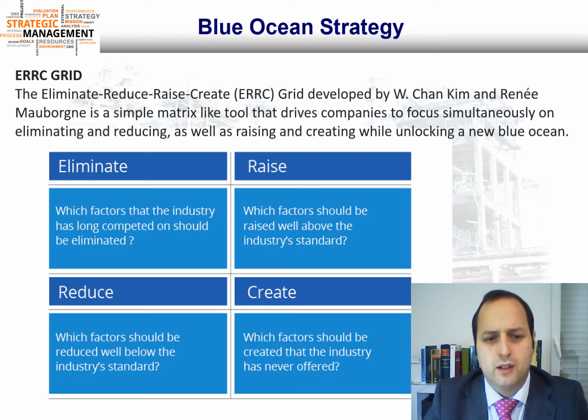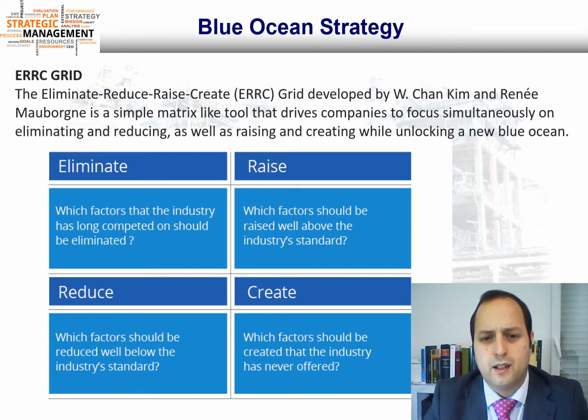You have to wonder which factors that the industry has long competed on should be eliminated. Maybe there have been some factors in the industry for a lot of years, but they are not really necessary for customers. So you have to wonder which factors you could erase on that matrix.